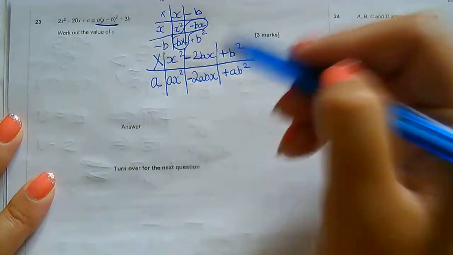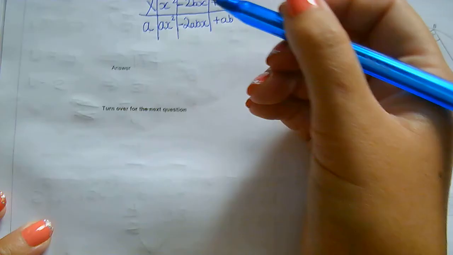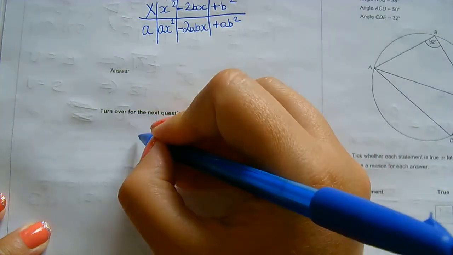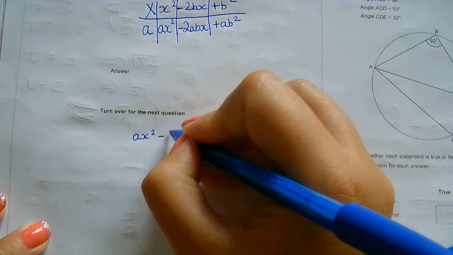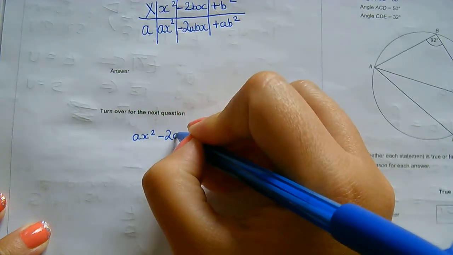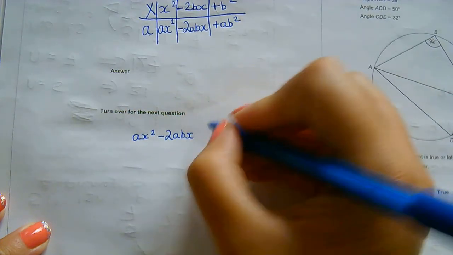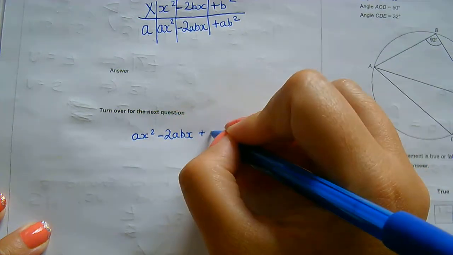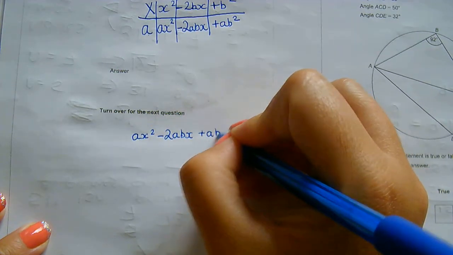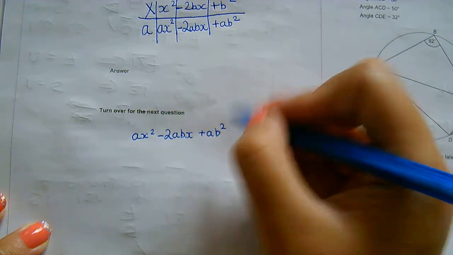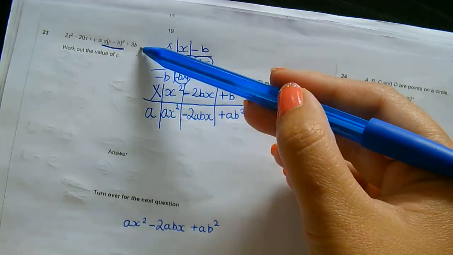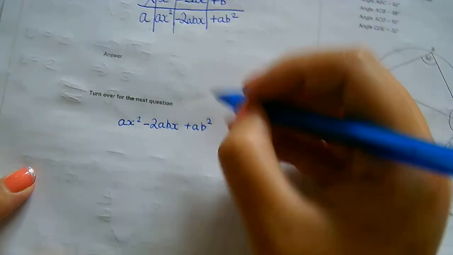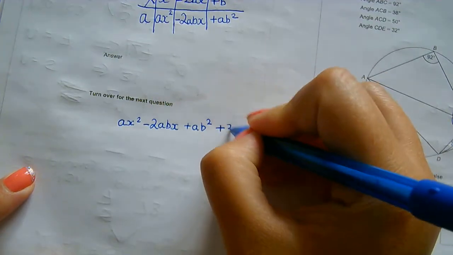So if I wrote that side out, this is what we would currently have. We would have the ax squared minus the 2abx plus the ab squared, and then in the question we had a plus 3b, so that's plus 3b.